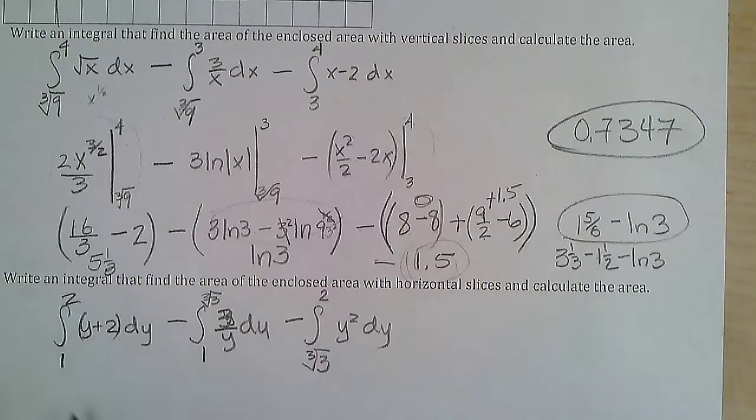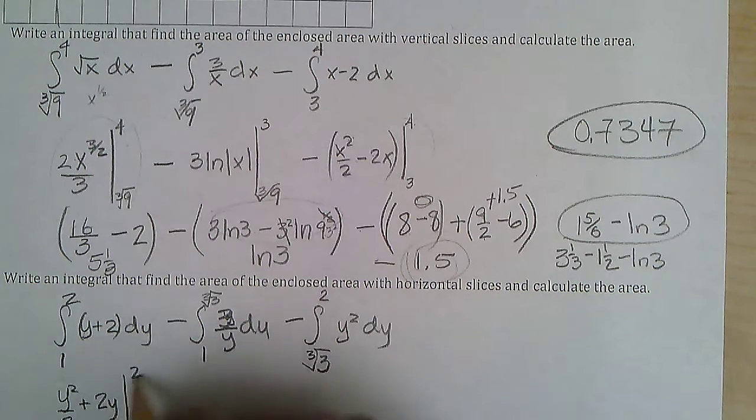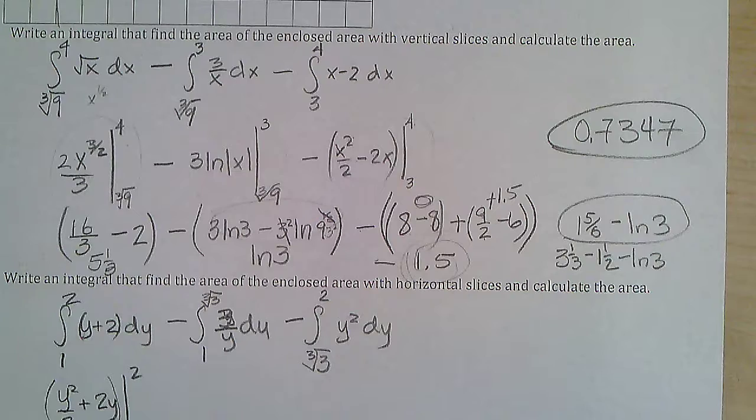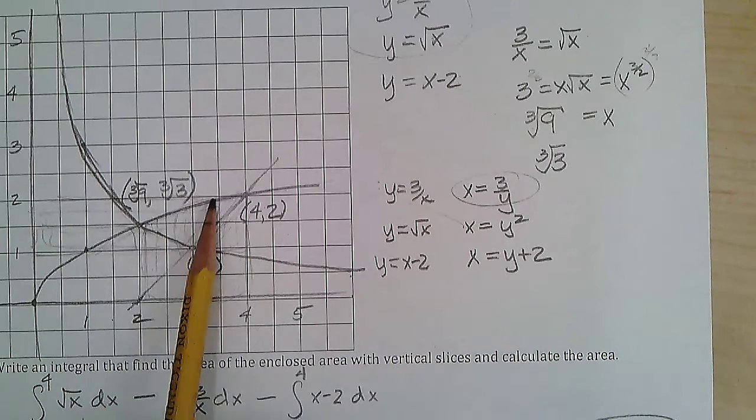So this becomes y squared over 2 plus 2y, evaluated from 1 to 2. That would be all the area.